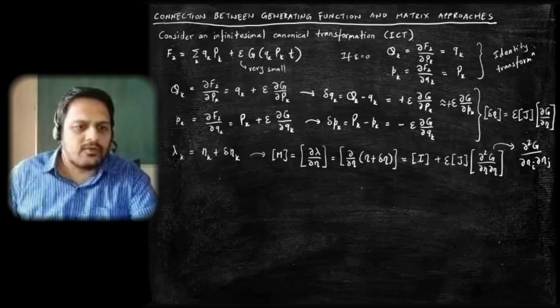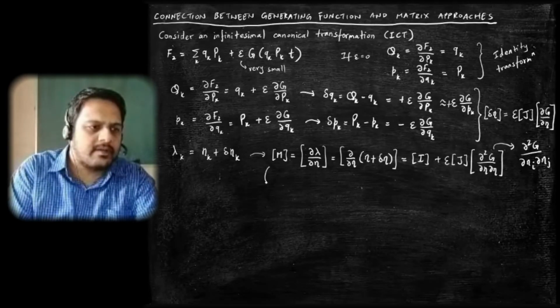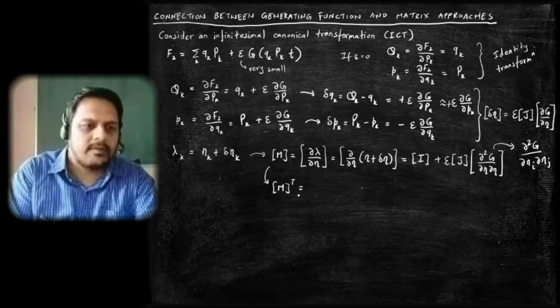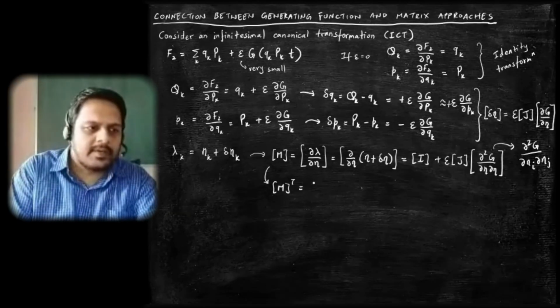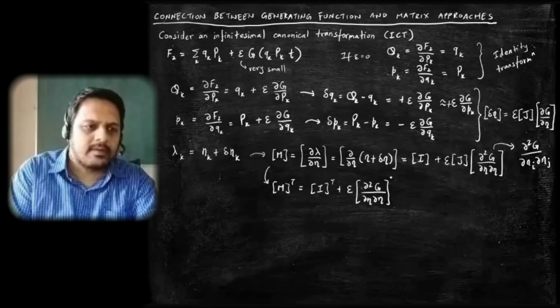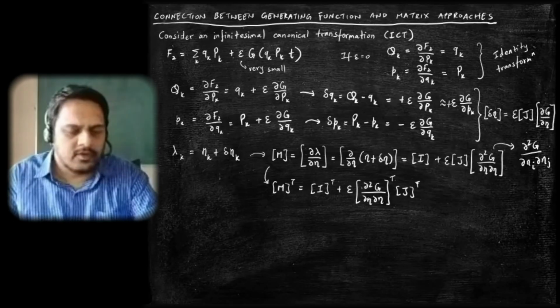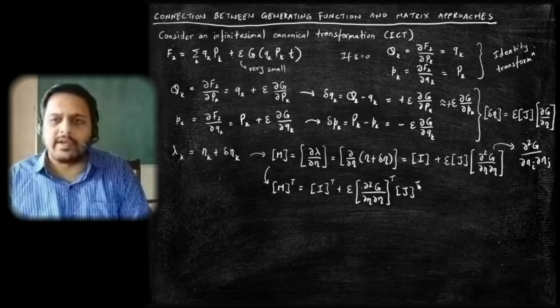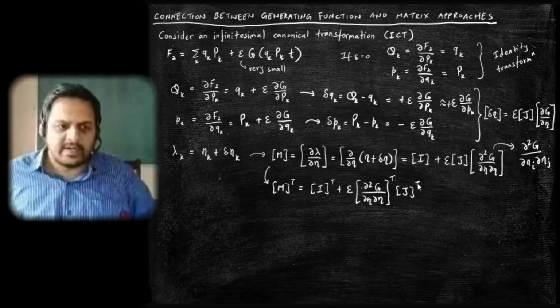And if you now ask the question, what will be M transpose, what will you get? M transpose will be basically I transpose plus epsilon times ∂²G/∂eta∂eta transpose J transpose. You know that matrix multiplication is not commutative. When you take a transpose, the order of the matrices gets reversed.